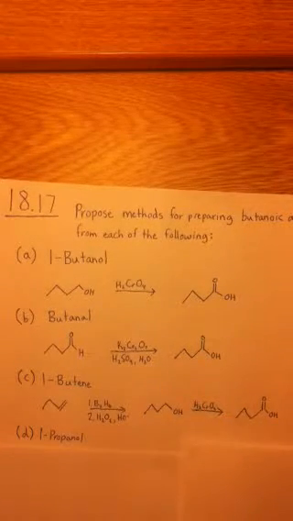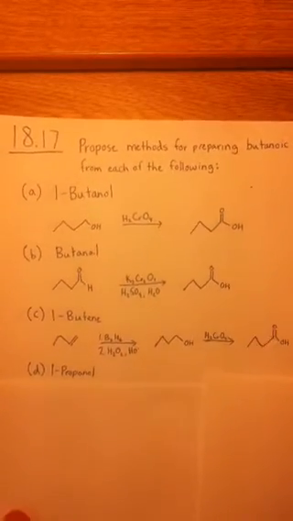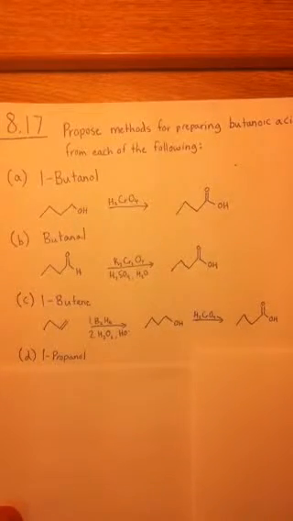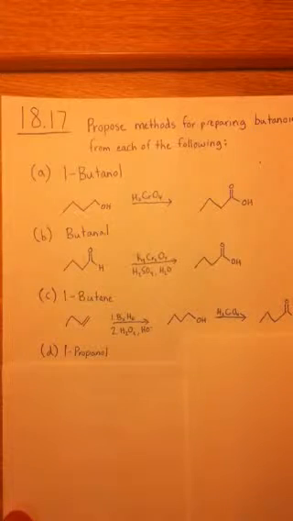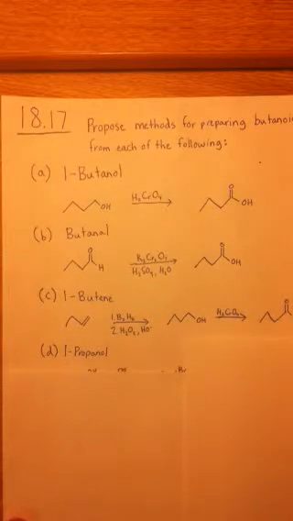So now D, your starting molecule is 1-propanol, and this one, there's a couple of different ways that you can go about this, but all of them you're going to first start by preparing an alkyl halide from the alcohol that you're starting with.